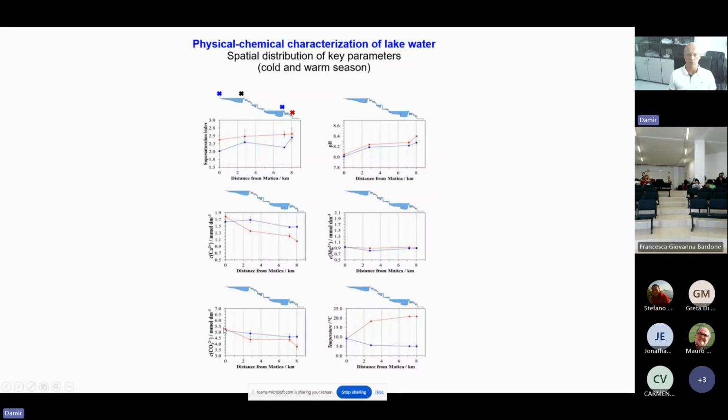So carbon dioxide is expelled from the water column, and also part of the calcium carbonate is fixed as calcium carbonate. Temperature during the warm period increased from the source to the outflow. The opposite trend is obtained during the cold period.